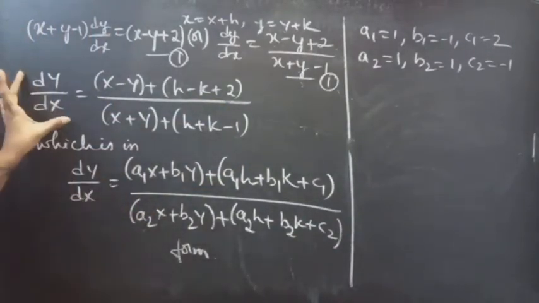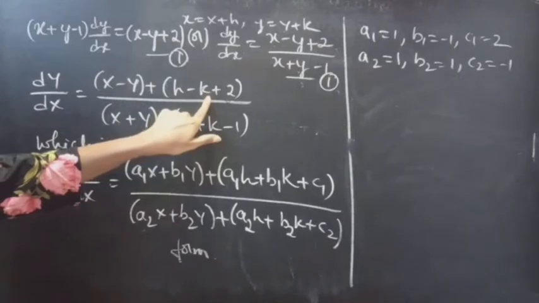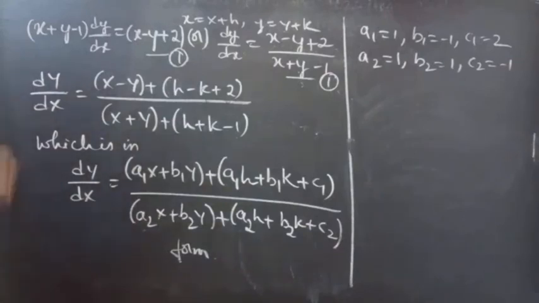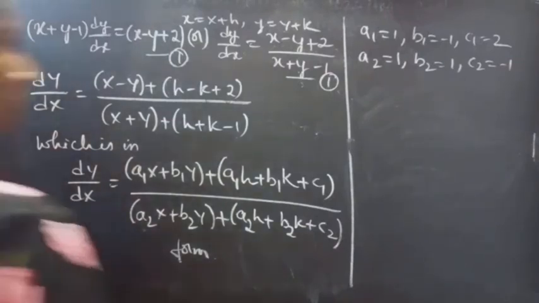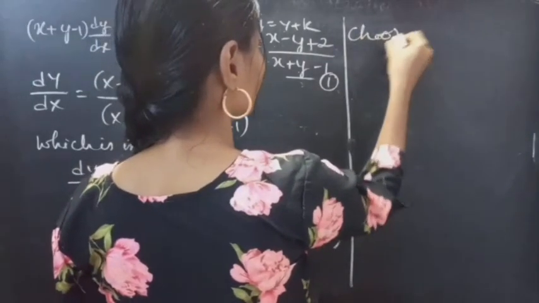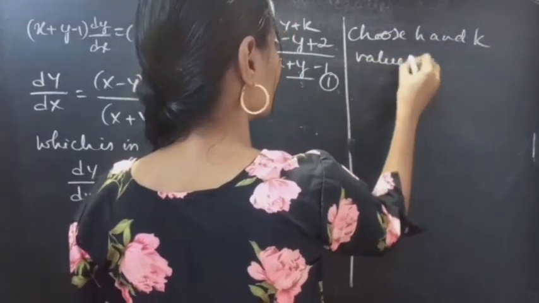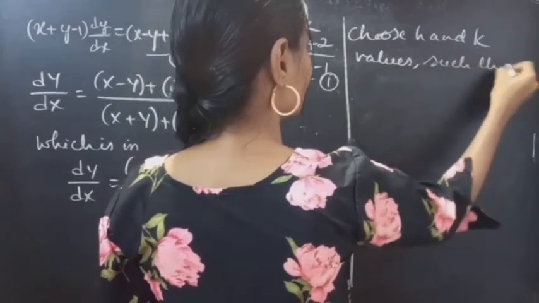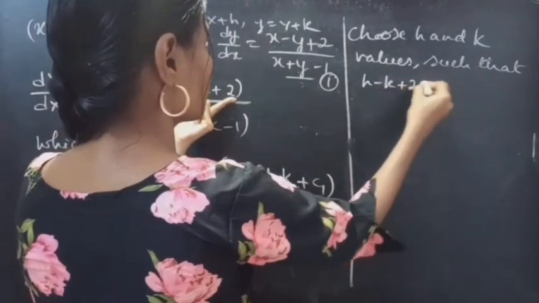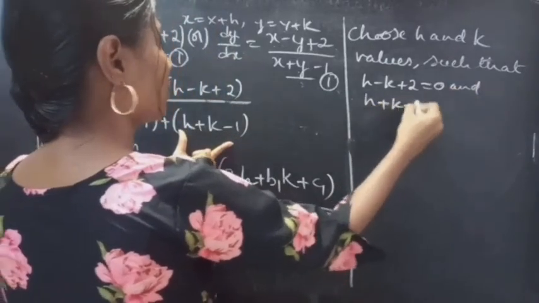Since this equation is in this form, what we'll do is we'll choose h and k values such that this polynomial h minus k plus 2 equals to 0 and h plus k minus 1 equals to 0.